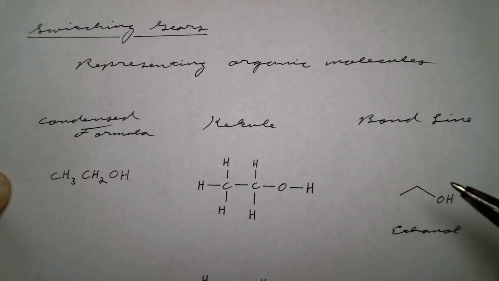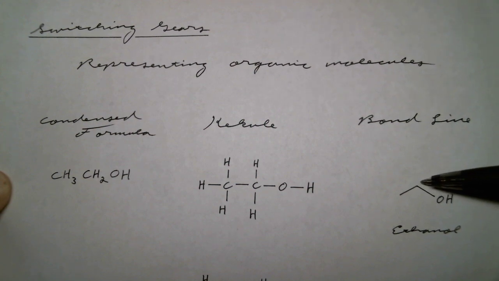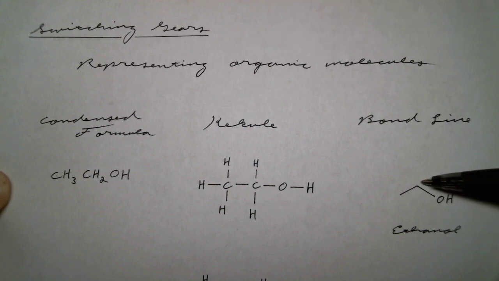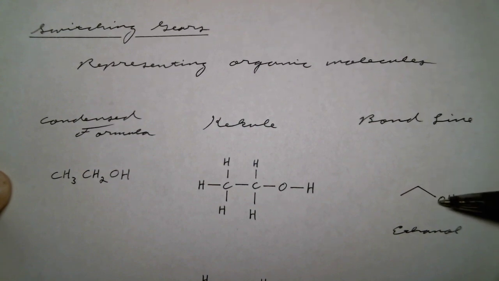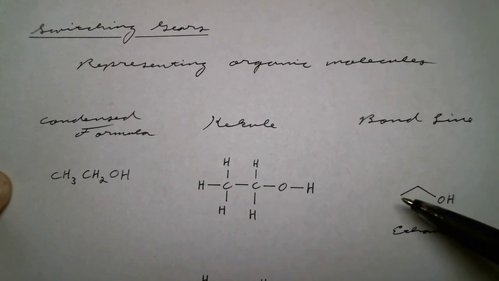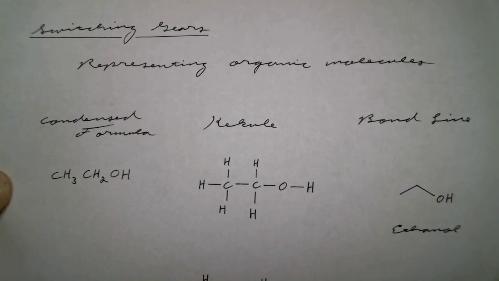Similarly, this vertex, this point, is a carbon atom, and one would assume that it has 2 hydrogen atoms bonded to it because it has 1 bond to an oxygen on the right and 1 bond to the other carbon on the left, so it has 2 remaining bonds that must be satisfied.